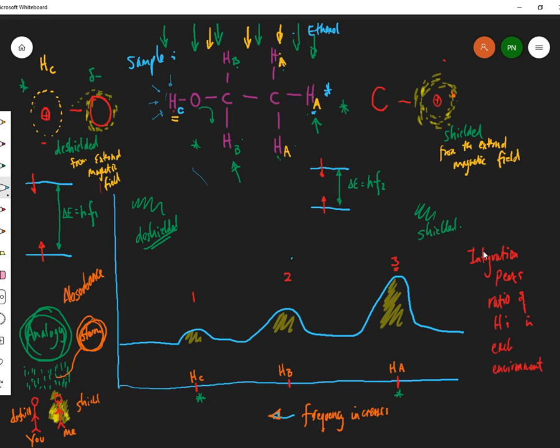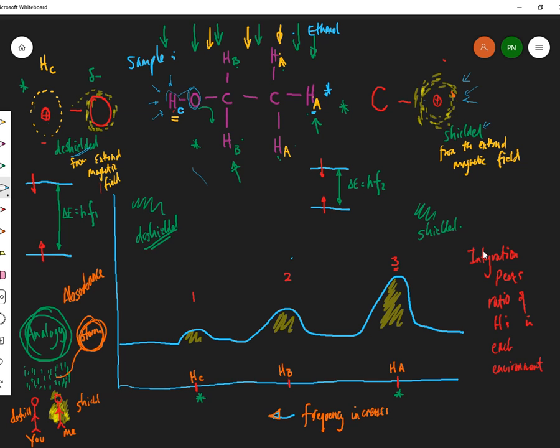So the electrons around this will be drawn to the oxygen, and that's what I've tried to show here. So this proton is without its coat of electrons, and so we say it's de-shielded. This proton is next to carbon, which is very similar electronegativity to hydrogen. So this proton keeps its electron shield, so we call this shielded.